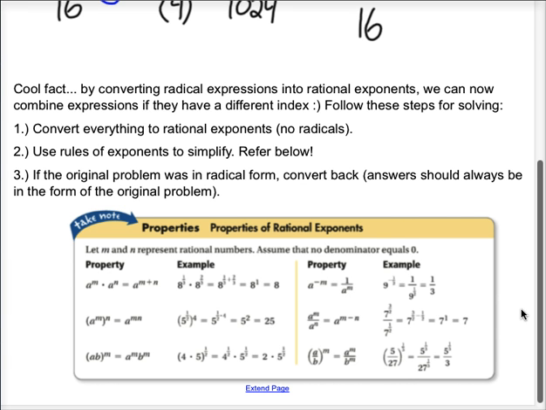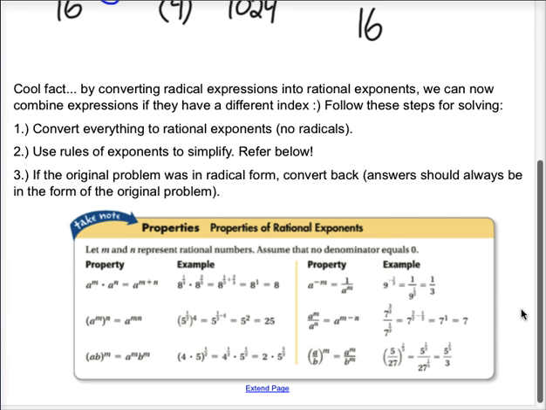So what we're going to do to solve these problems: first, we're going to convert everything to rational exponents. That's why we practiced this skill yesterday, because things work out better as rational exponents. Then, you're going to use the rules of exponents to simplify, and you can refer below to that.